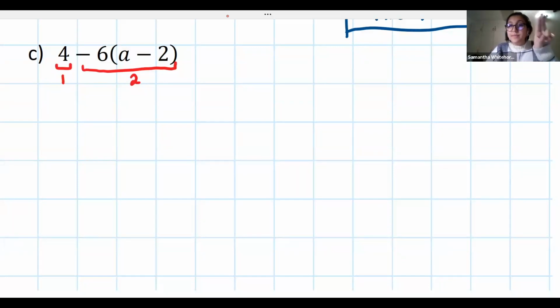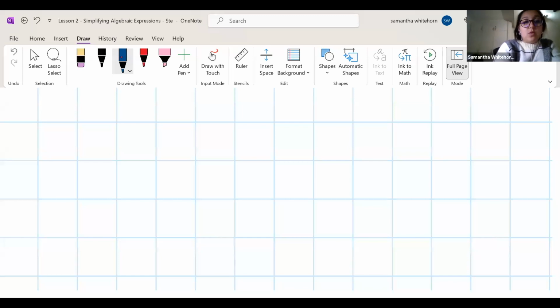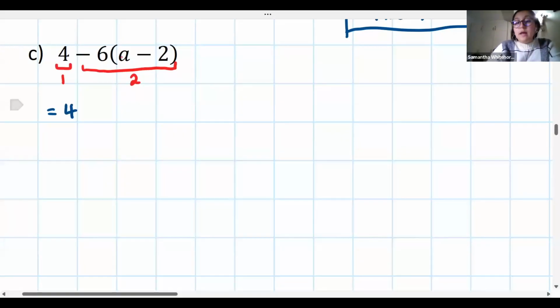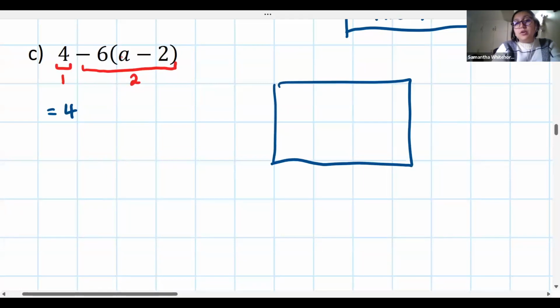Step number 2, simplify each term. Now, term 1 is 4. Can't do anything with that. There's no distribution. There's no exponent. There's no fraction. 4 is 4. So I don't actually need to simplify this first term at all. It stays 4. But I can very clearly see that I'm going to have to simplify the second term because I've got distribution. So I've got the -6 times the 2 times the a minus 2.